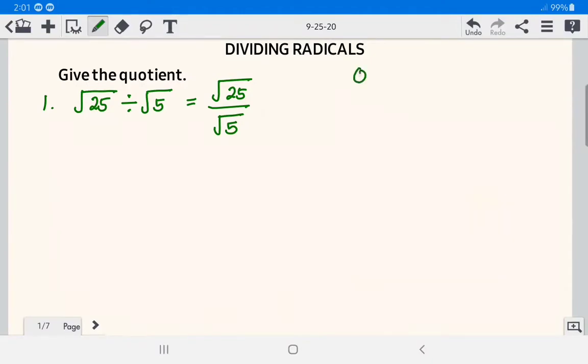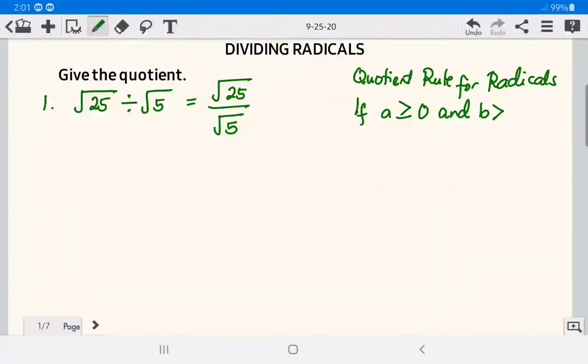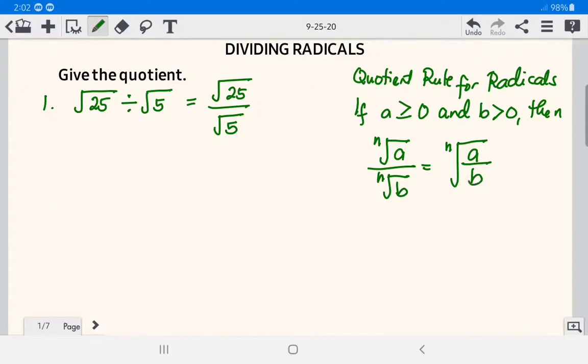So, using the quotient rule for radicals, that if a is greater than or equal to 0 and b is greater than 0, then the nth root of a over the nth root of b is equal to the nth root of a over b.